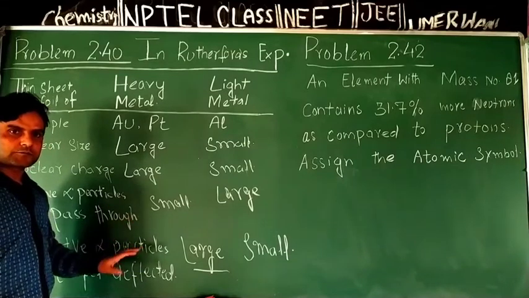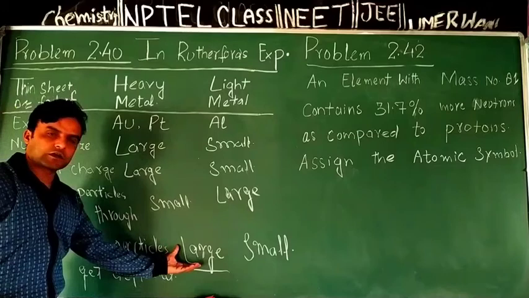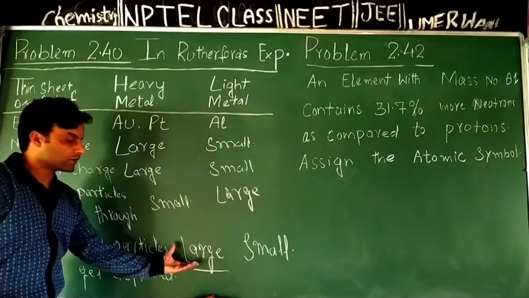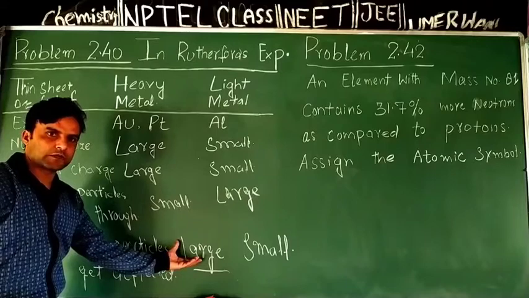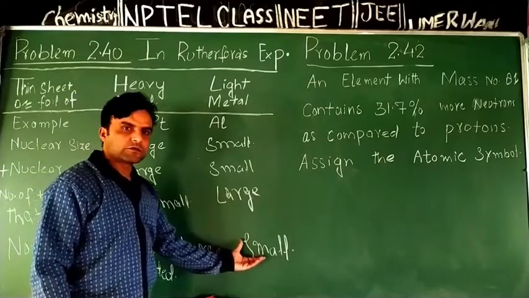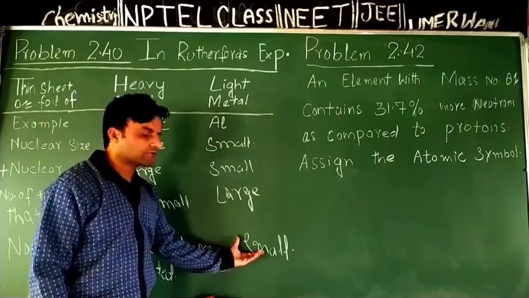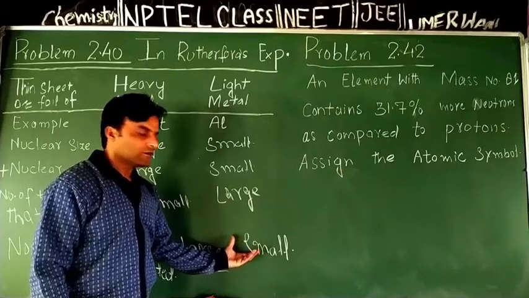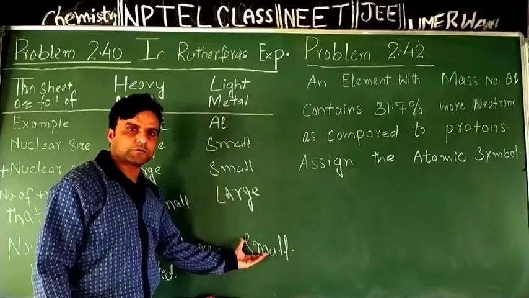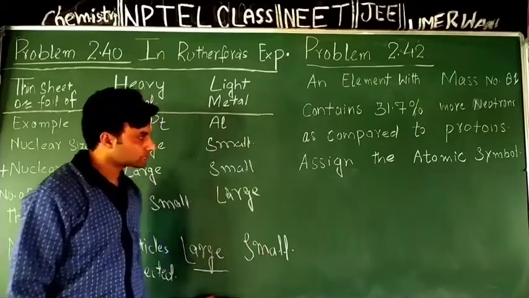The atom with greater positive charge in the nucleus will cause greater deflection and will deflect a large number of alpha particles, and the atom with less positive charge in the nucleus will cause small deflection or will deflect a small number of alpha particles.